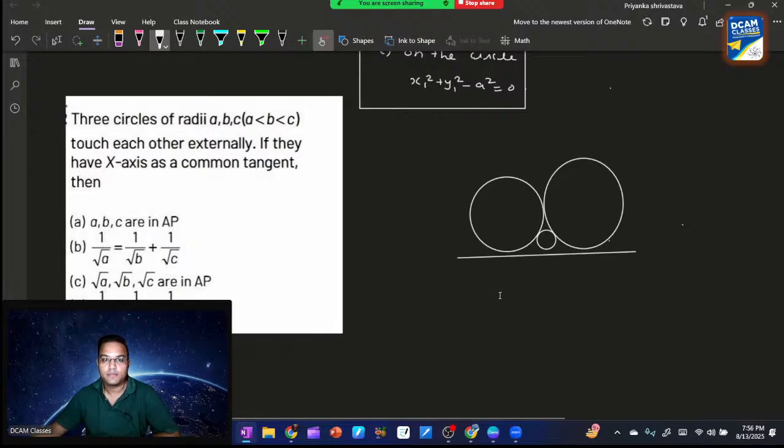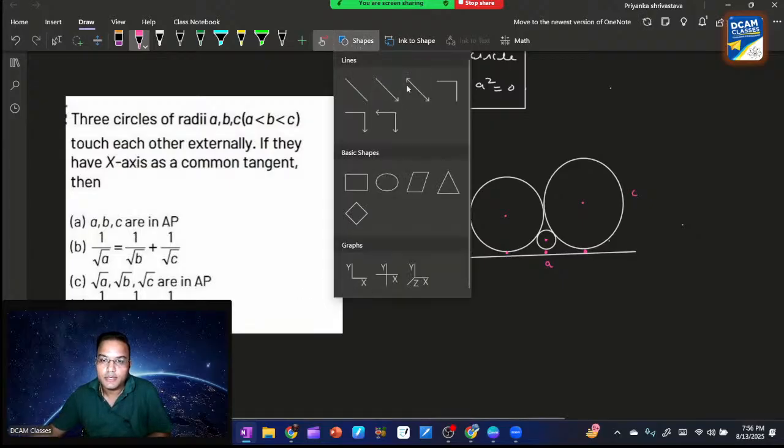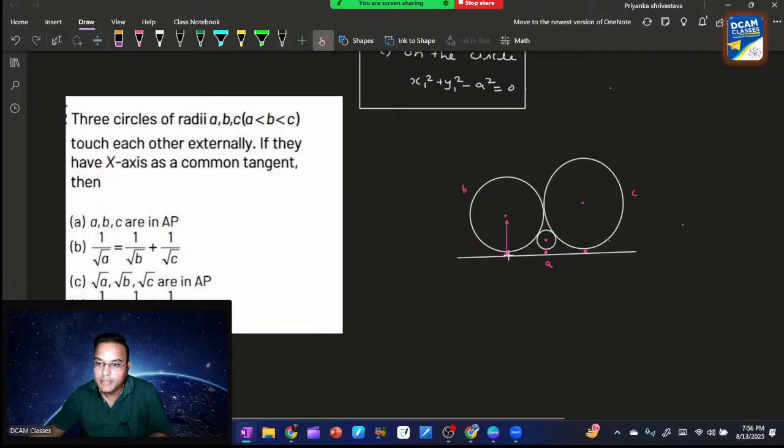Okay. The smaller one will have the radius a. Its radius is a. This radius is b. And this radius is c. They are touching this axis. Hence, you can easily write this is b.